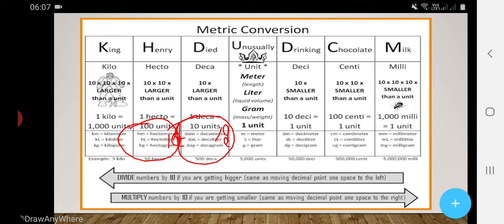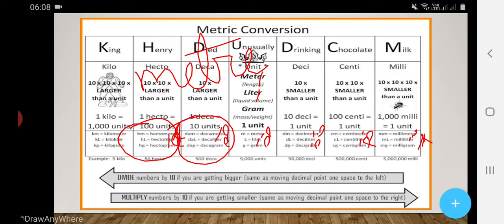Remember the spelling, DECAMETRE, that is METRE. I repeat this every time. Don't make any mistakes of spelling. M is metre, L is litre, G is gram, dm is decimetre, dl is decilitre, dg is decigram, cm is centimetre, cl is centilitre, cg is centigram, mm is millimetre, ml is millilitre, mg is milligram.